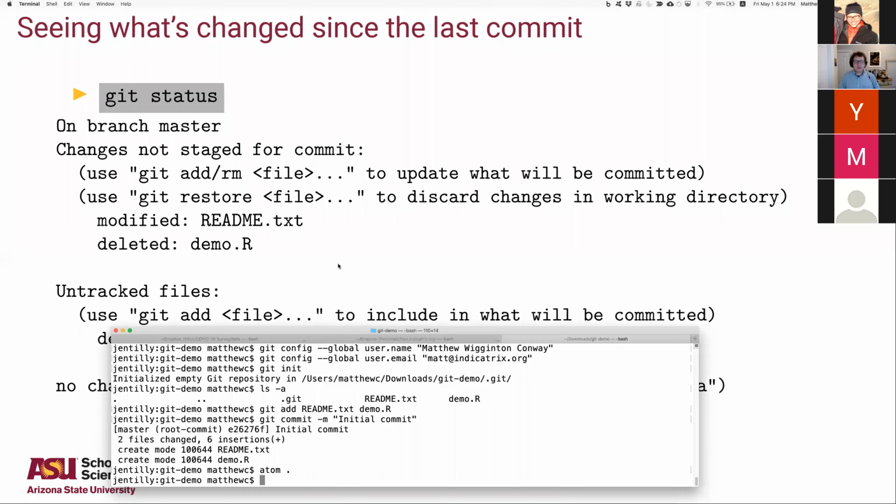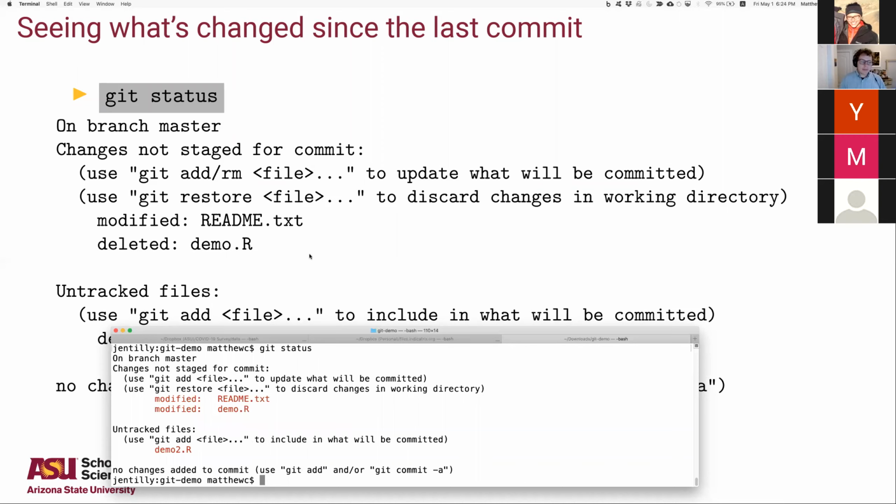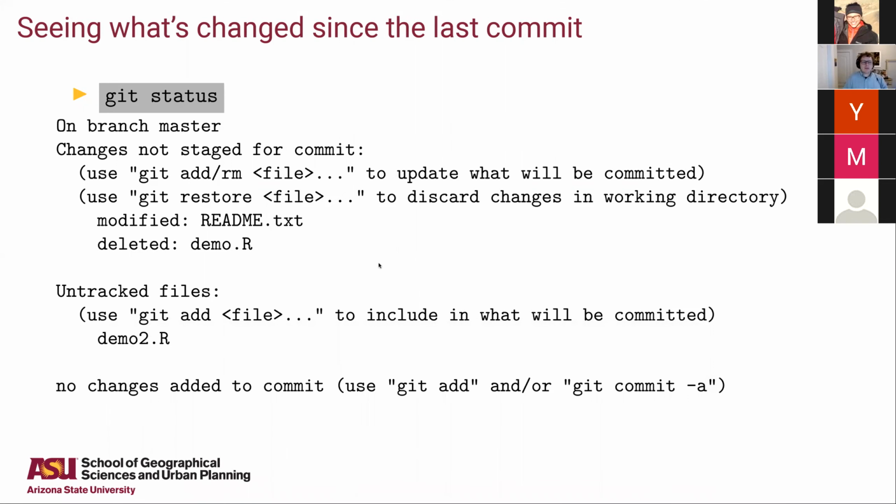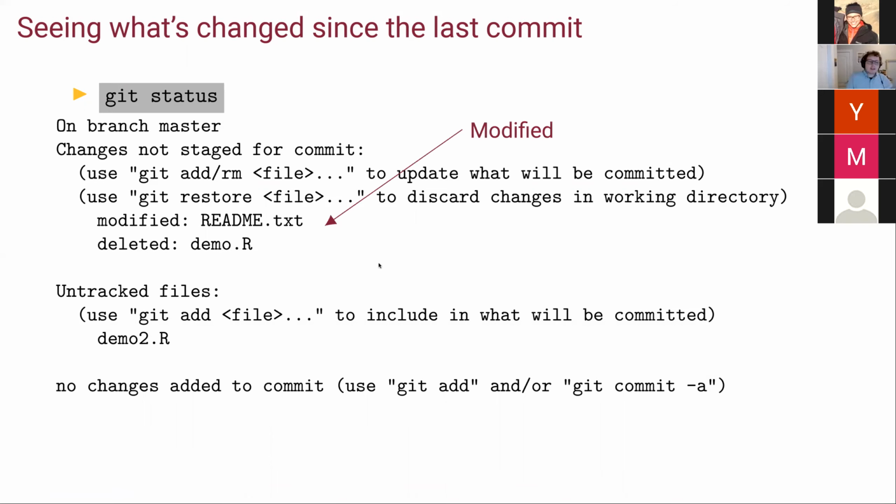So when you want to commit your changes to your files, the first thing you want to do is run git status. That prints out a whole bunch of information, which you can see in the slide, but also down here. What it's telling us in the slide is that I've modified readme.txt. That's pretty straightforward.